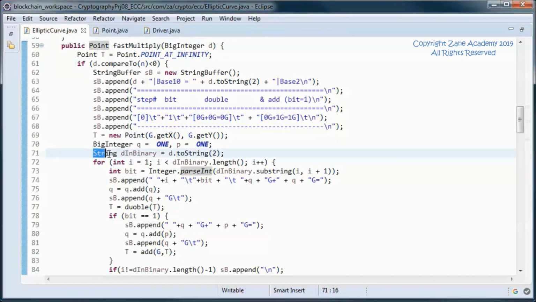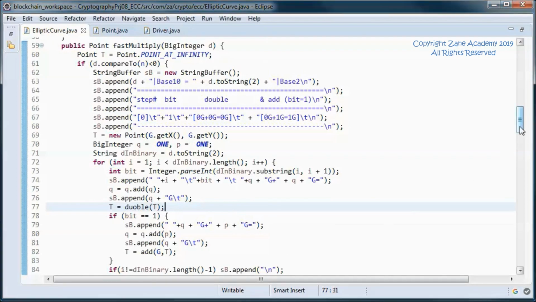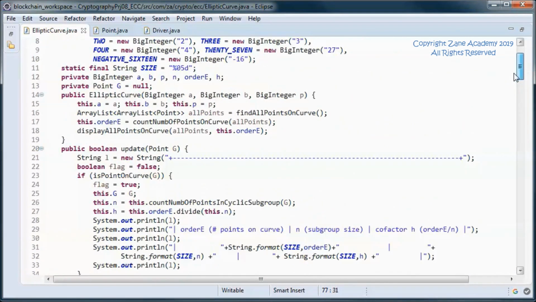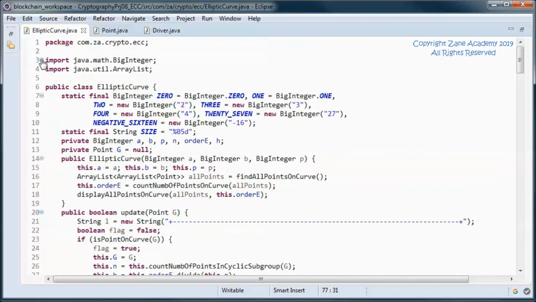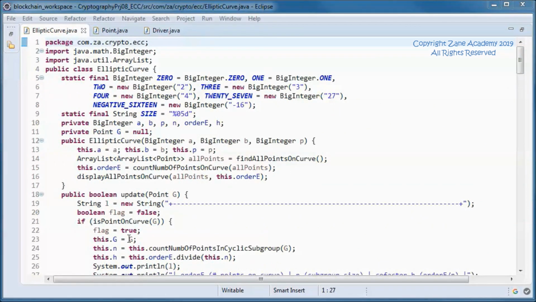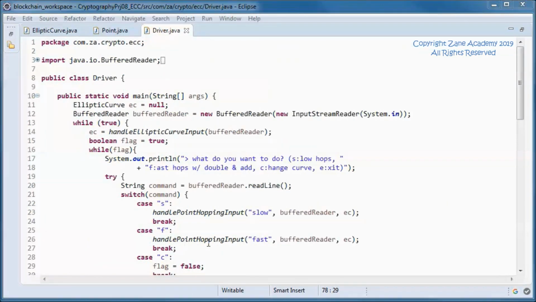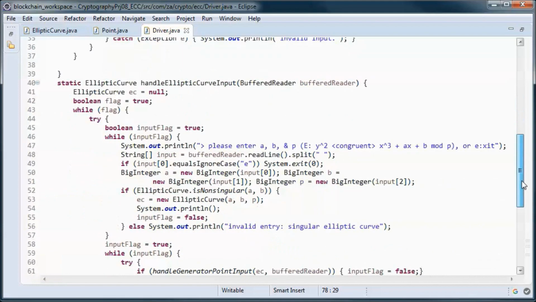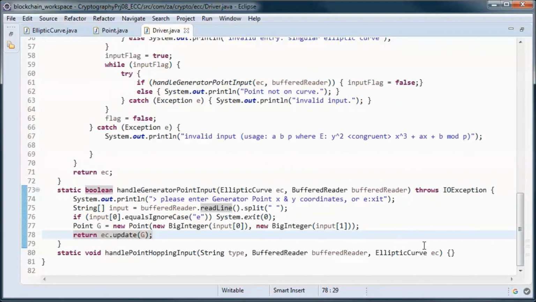So we turn the number of hops to binary, and if we have 1, then we add after doubling. And this should do it for this class. And this method here handles the point hopping.